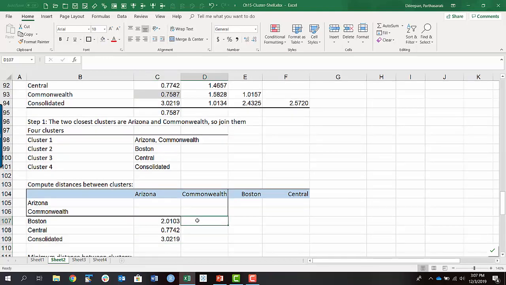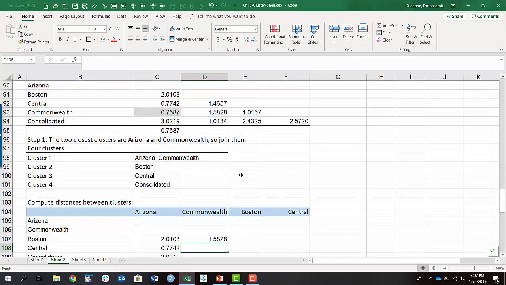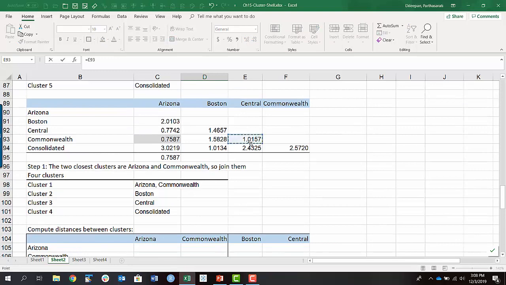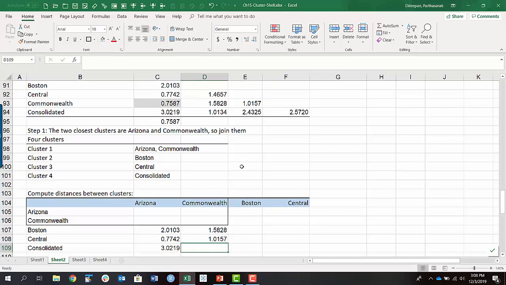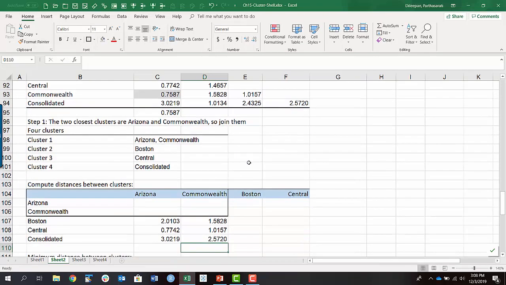Then Commonwealth to Boston, Commonwealth to Central, which is that, and Commonwealth to Consolidated is that.